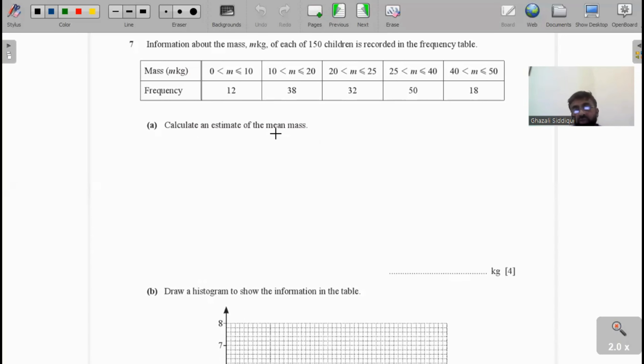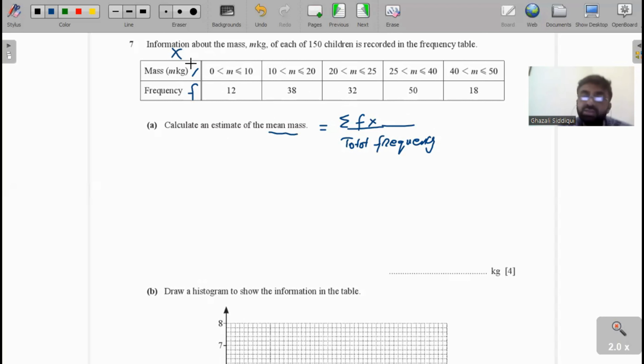The formula for the mean mass is the sum of f multiplied by x over the total frequency. This is the f, and x is the class mark. Now the middle value of each interval will be the class mark. Here, 0 to 10, the middle value will be 5. 10 to 20, the middle value will be 15.